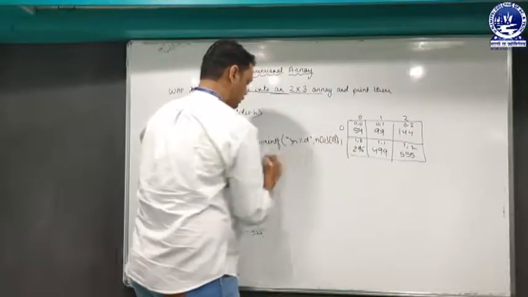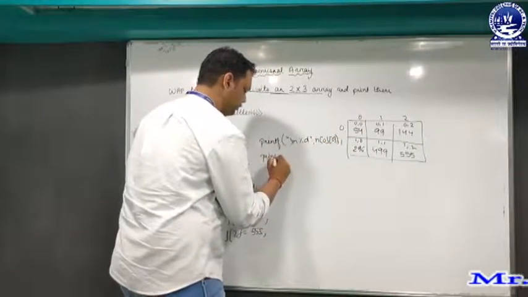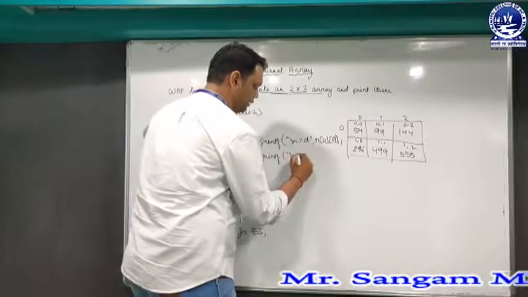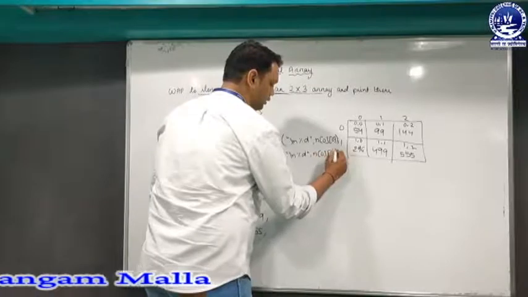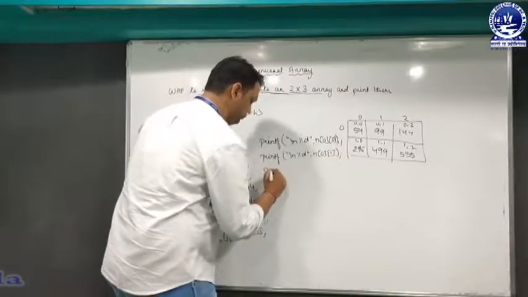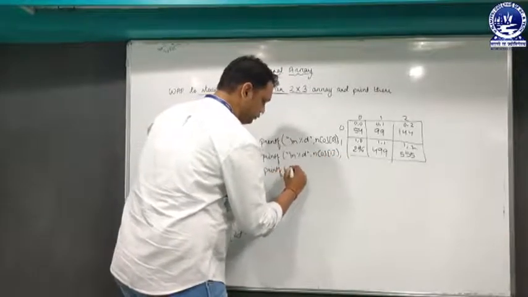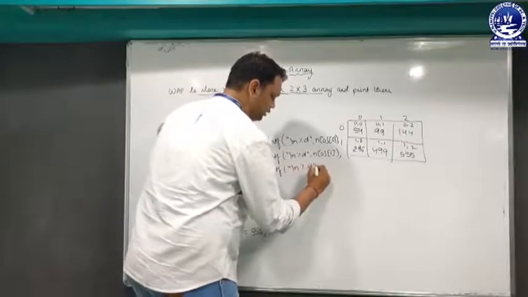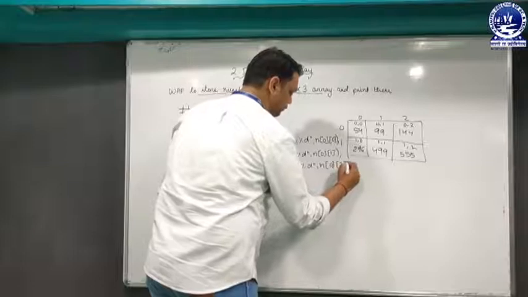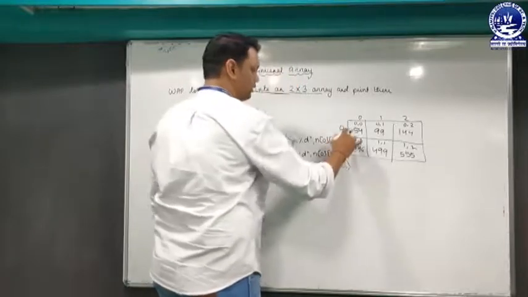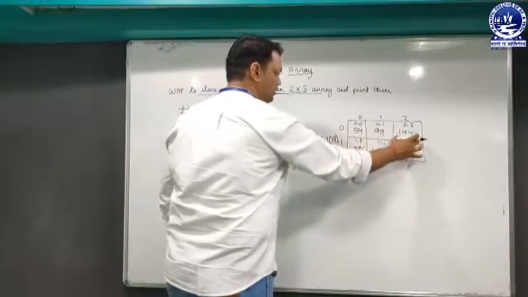Let's say I will write the escape sequence \n %d, n[0][0]. Similarly, printf \n %d, n[0][1]. Then printf \n %d, n[0][2]. So this is the end of the first row, that means 00, 01 and 02.